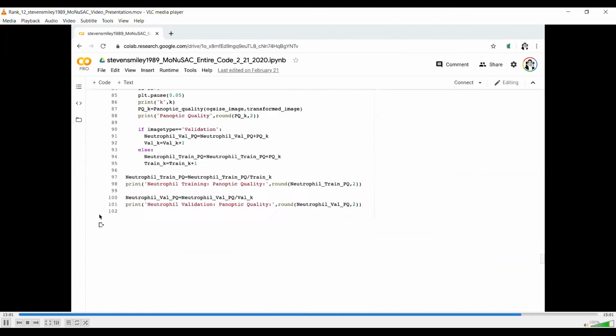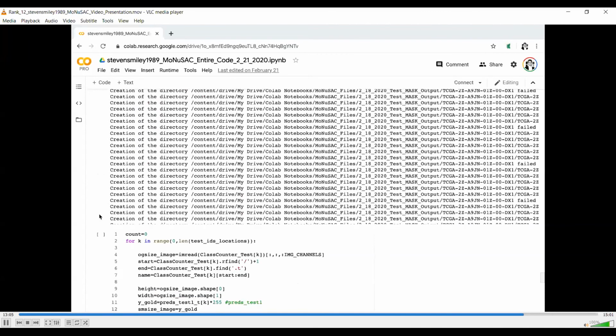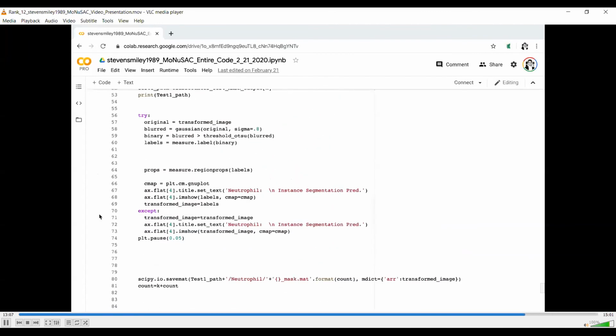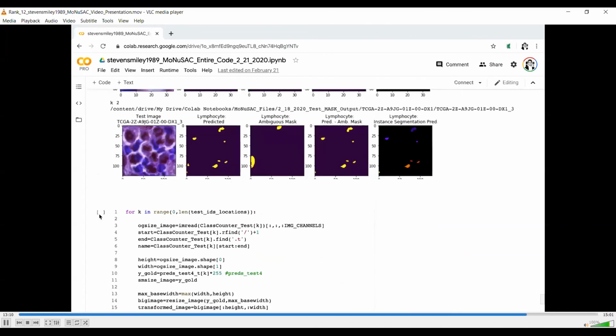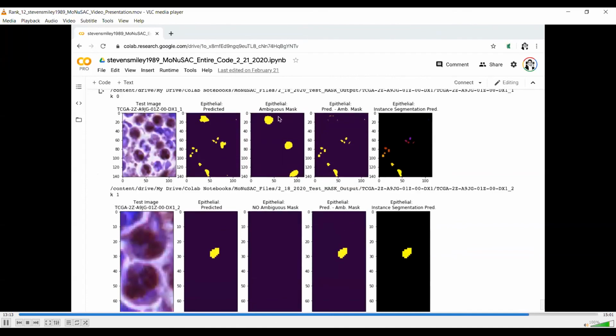Once I get to actual testing, we are provided an ambiguous mask. There are certain portions in these images that we found out in the competition weren't great for making our predictions, so midway we were provided this ambiguous mask file. Basically, if we predicted something there, you could cut it out, like shown here.